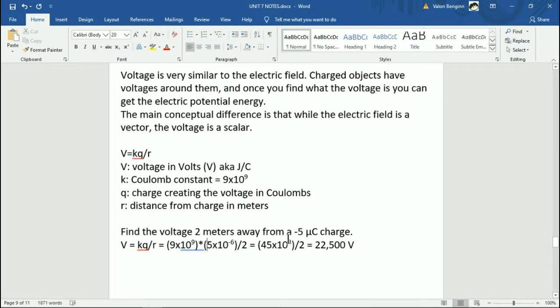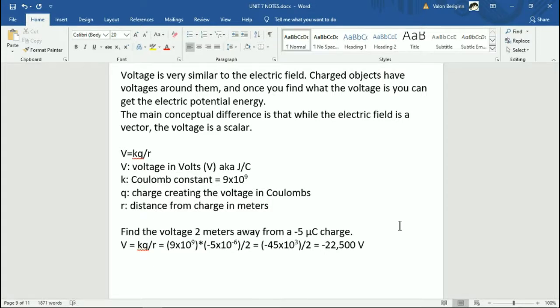This time you just put in the negative, so you'd end up with negative 45, and your answer would be negative 22,500 volts. That's the difference. For the electric field, I tell you to ignore the negative and figure it out with direction. For the voltage, keep the negative and just have it be negative.